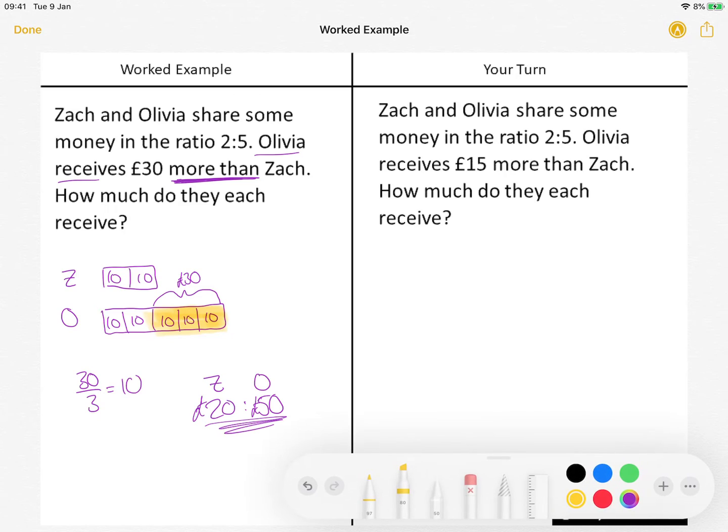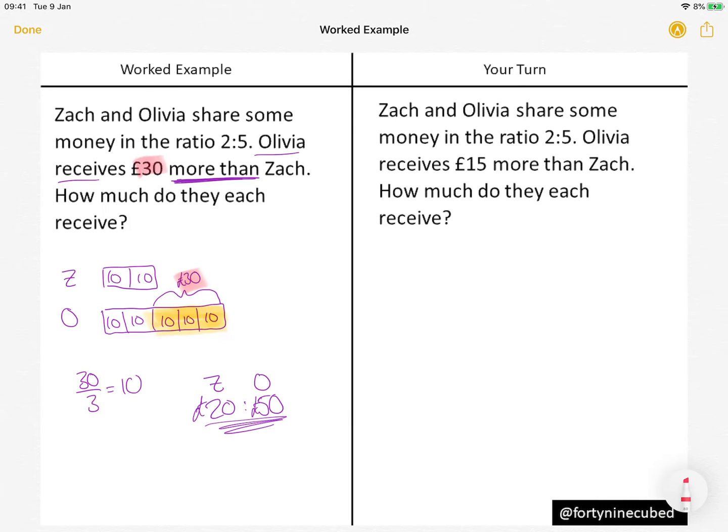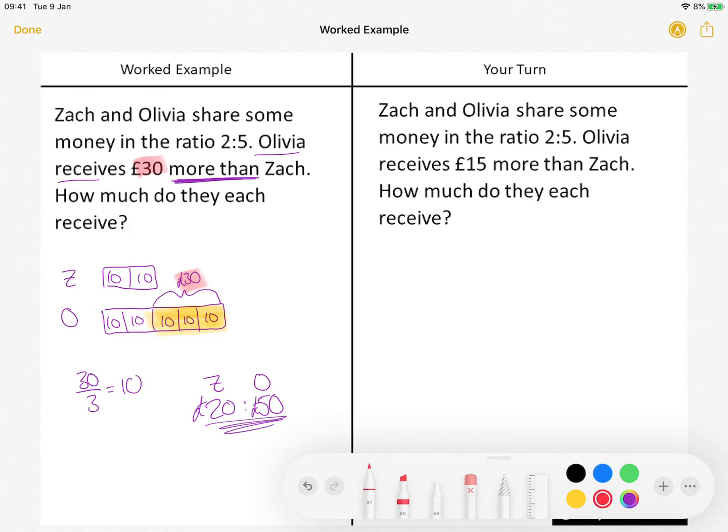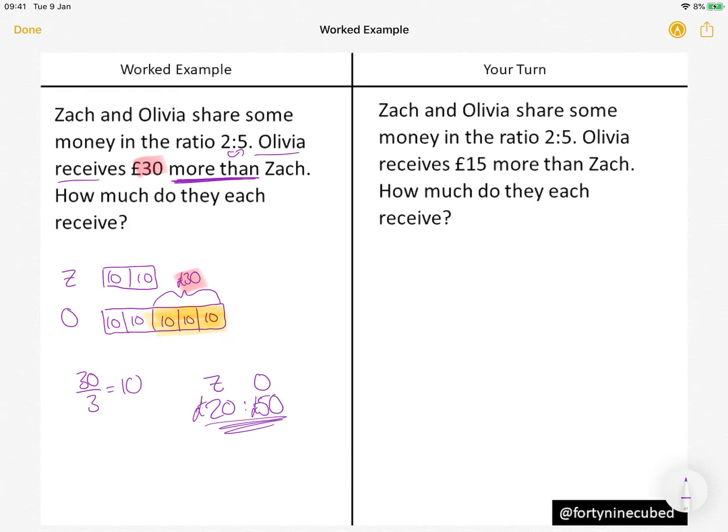So that must mean that those 3 parts are worth £30, because I'm told that she gets £30 more than Zach. So I know that she gets 3 more parts than Zach, because if we had 3 more parts, we'd get it up to 5 from Zach's 2.